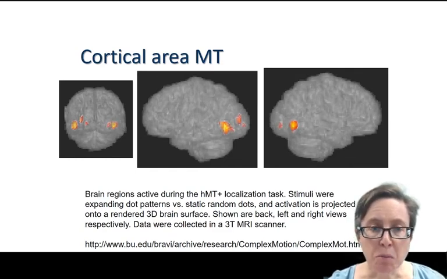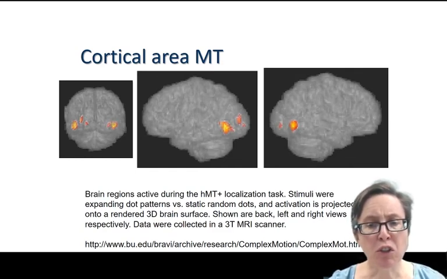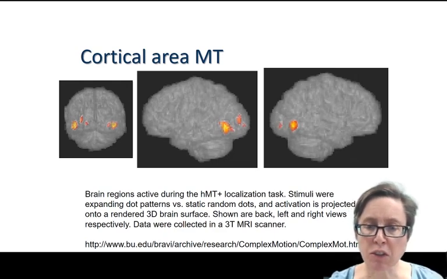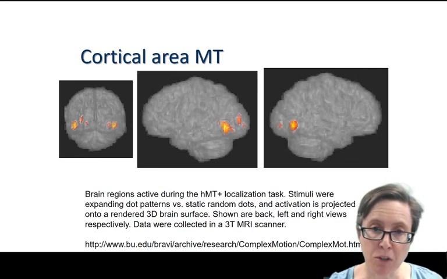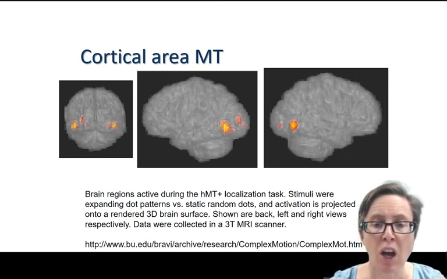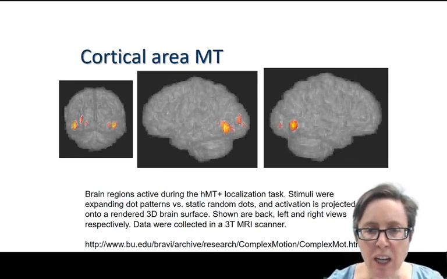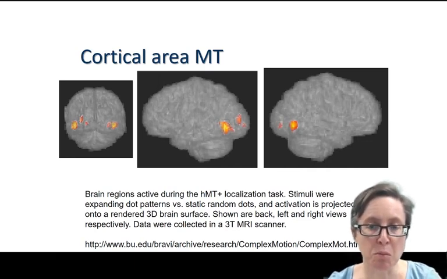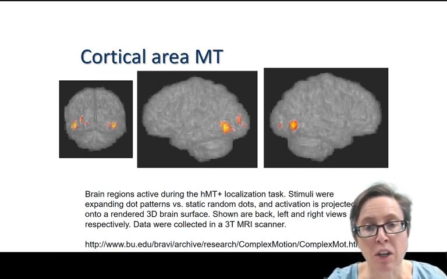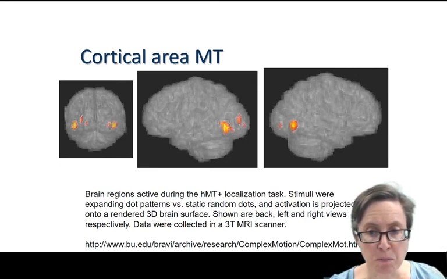Here is an fMRI image showing the results of a stimulus that's designed to detect where in this person's brain MT is. You can't be exactly accurate and say we know exactly where MT is, so they talk about the human MT plus area. So that's thought to be equivalent to monkey MT plus a little bit extra, some other areas that respond to motion.